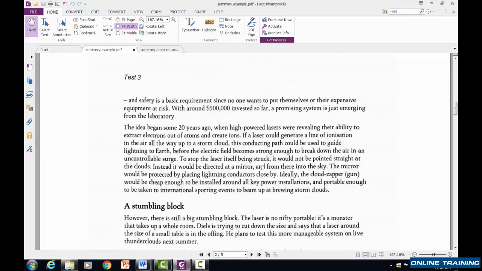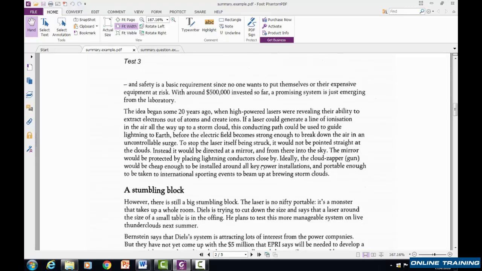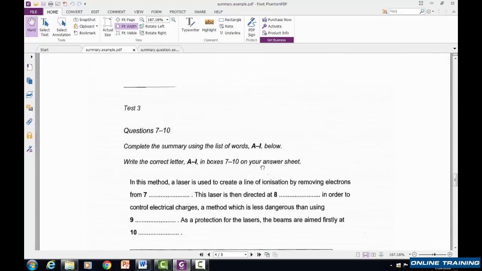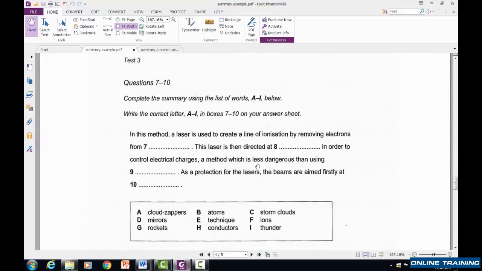Wow. So what they've done here is number 8 comes from that second sentence of the paragraph, but the next part of the sentence, a method which is less dangerous than using, comes from a whole different paragraph.